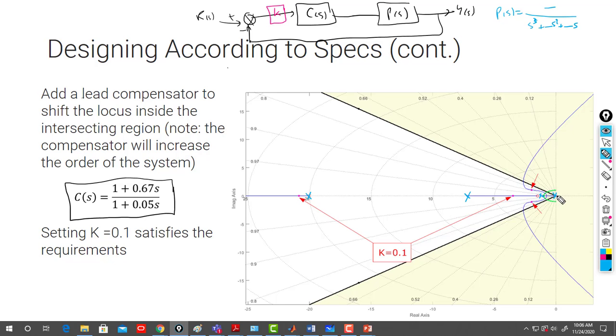So at K equals 0 I have these poles, but also I have a 0. So 0 equals minus 1 over 0.67, and this is the circle that you can see here.